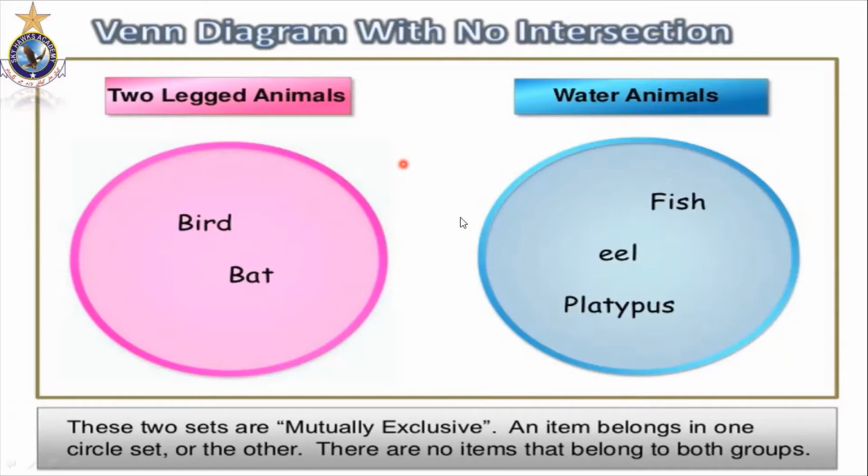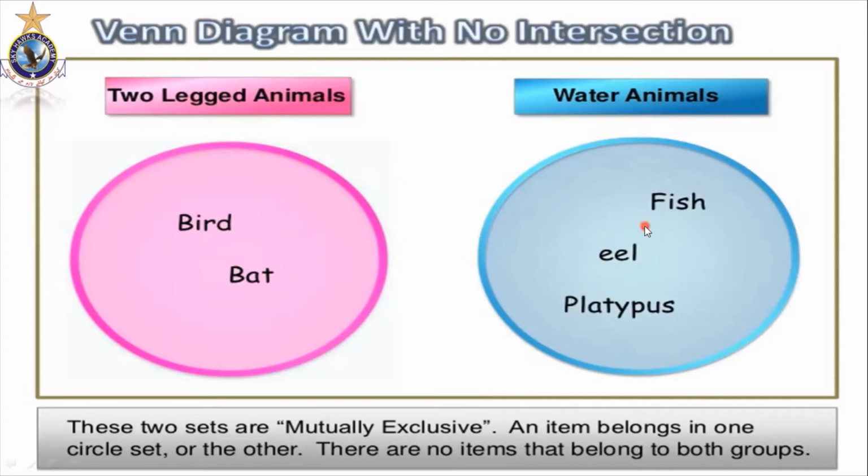Here we have two circles: two-legged animals and water animals. You can see two-legged animals: bird, bat, hen, and there are so many others. Bird is also included in that, and we can count the hen.